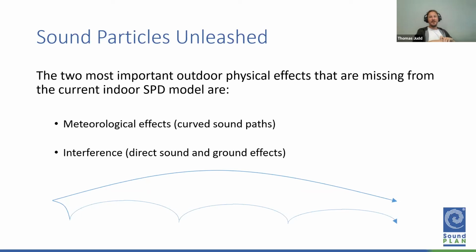I don't know if you've ever noticed in the evening, sometimes when things cool down, suddenly the distant sound sources sound strangely loud. That's due to the temperature inversion, having warmer air slightly higher in the atmosphere, and that causes the sound paths to curve over and make everything louder. It's a beautiful effect.